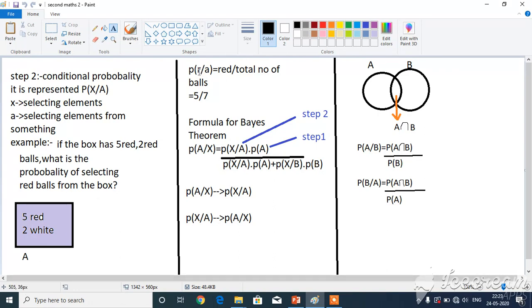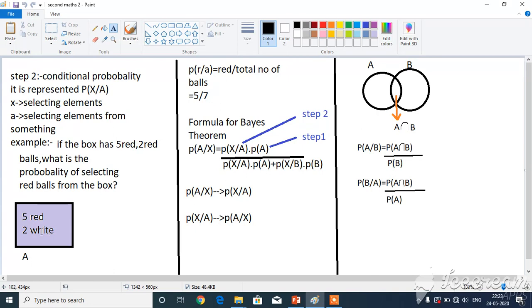So the probability of red over A is equal to red divided by the total number of balls. Red, we know, is 5, and the total number of balls is 5 plus 2, which is equal to 7. So the probability of selecting red from box A is 5 divided by 7. Similarly we can do it for white.